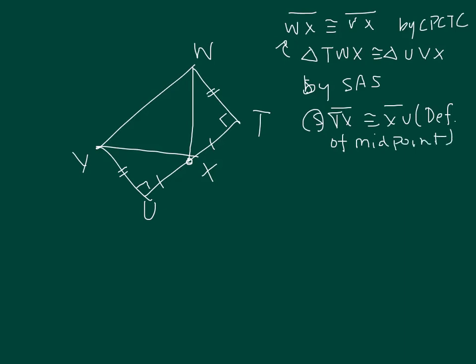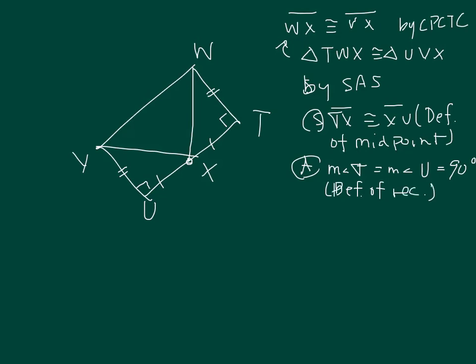That's the first S, and A is the angle: measurement of angle T equals measurement of angle U, which equals 90 degrees, because of the definition of rectangle.